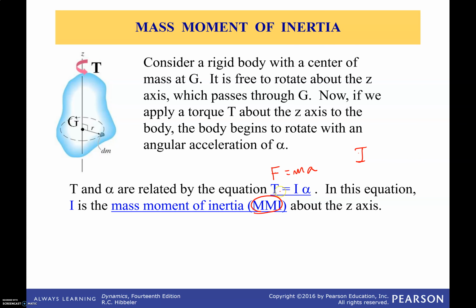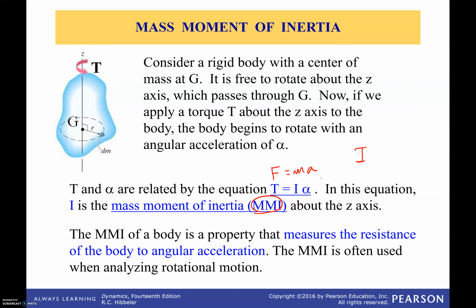So for rotation, the more moment of inertia you have, the more moment, or torque, you have to apply to get a given angular acceleration. It's a property that measures the resistance of a body to angular acceleration.